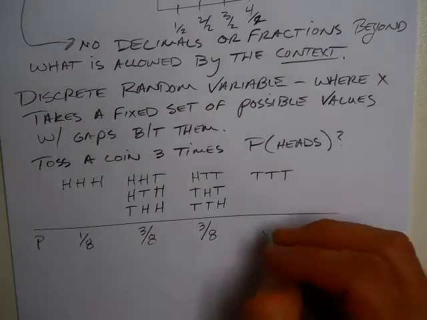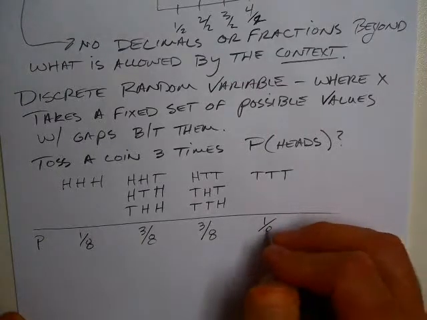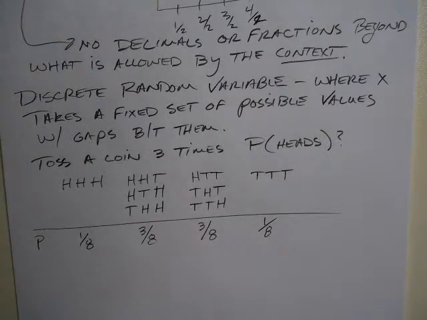And 1 in 8 if I get all tails. And if I add all those fractions up, what do I get? 1. 8 out of 8. 8 eighths. Okay.